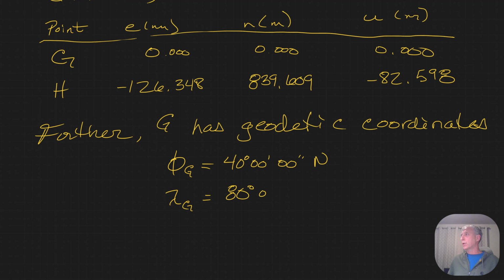So 80 degrees, 0 minutes, 00 seconds west longitude. And the height is equal to 1,000 meters. And that's all we need in order to perform our rotations and the translation. Well, we don't have what we need to perform the translation yet. We'll get there.